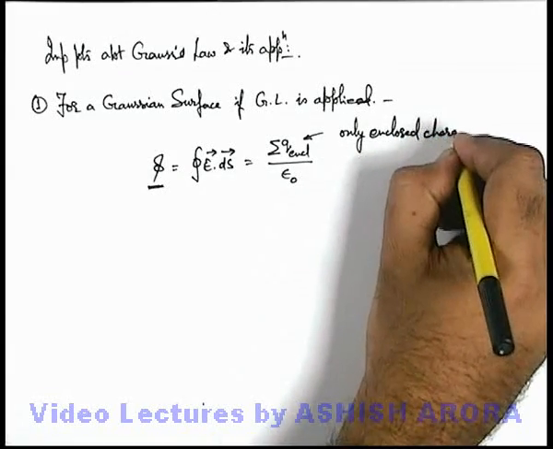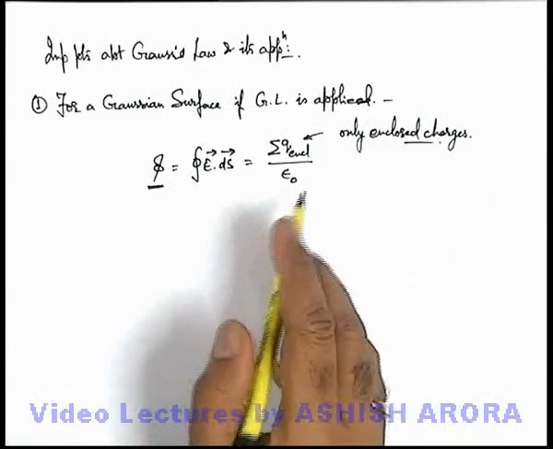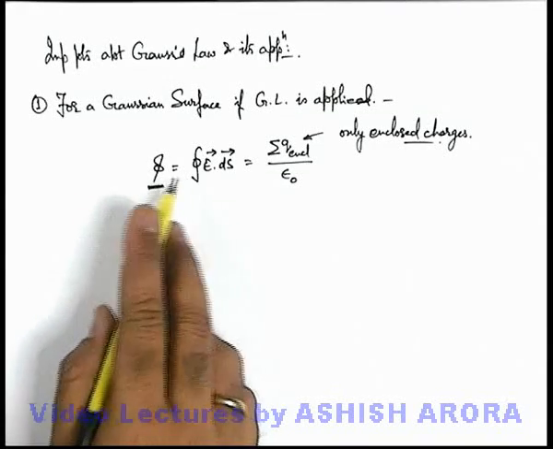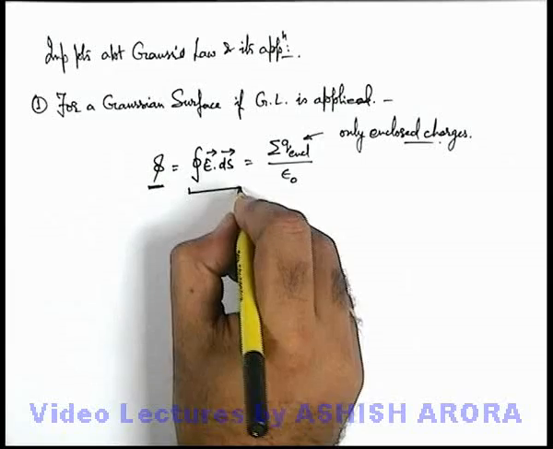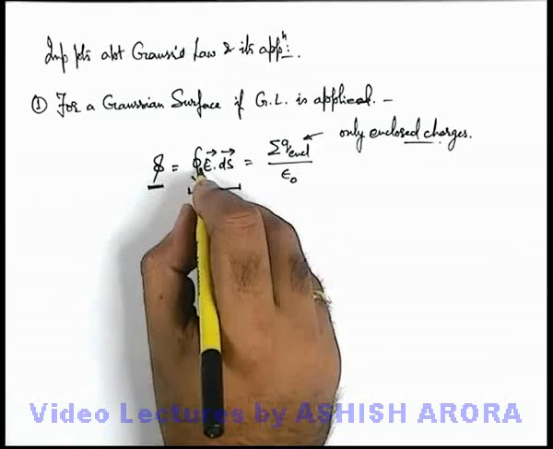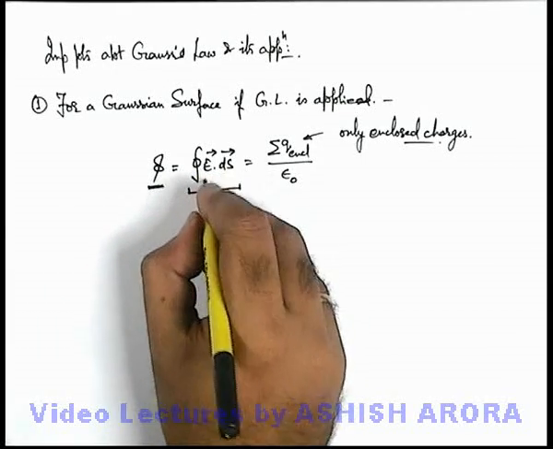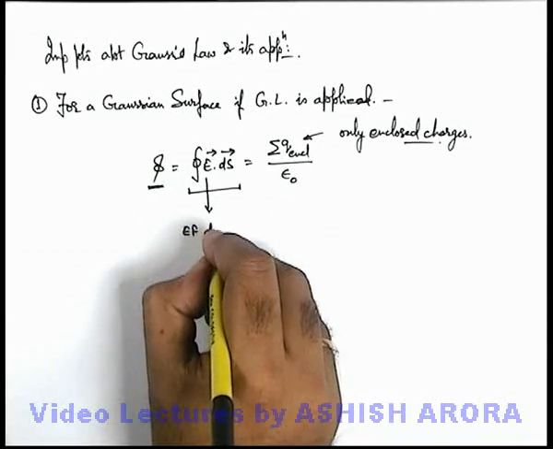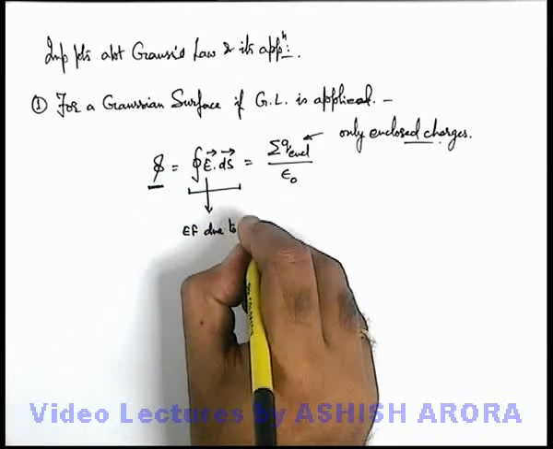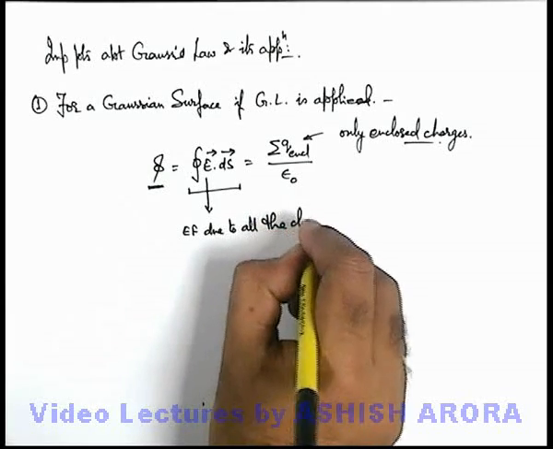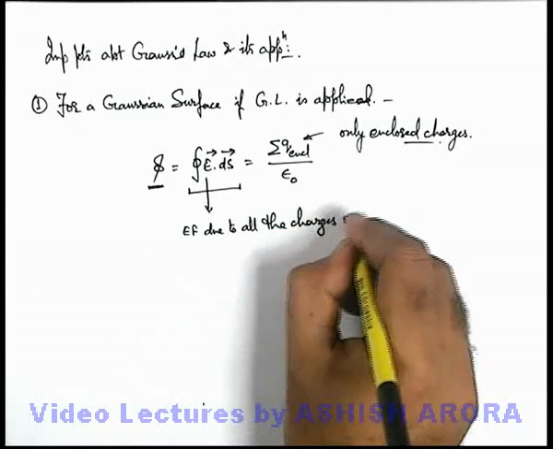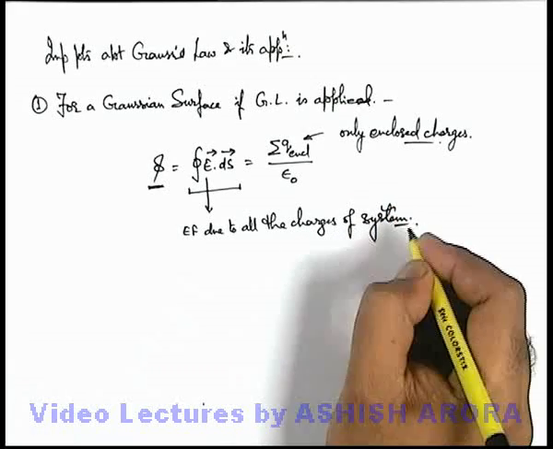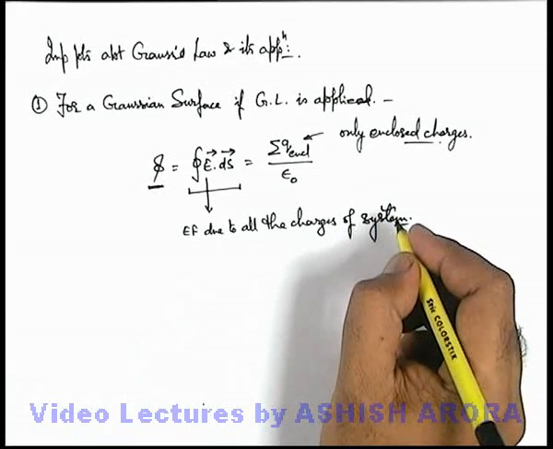But if we are calculating the flux by using the traditional method by integration of electric field over the given area, always remember here this E vector is the electric field due to all the charges of the system, because we know well that the electric flux gives the information about the total electric field of the system.